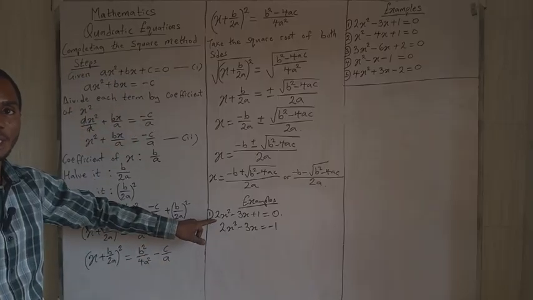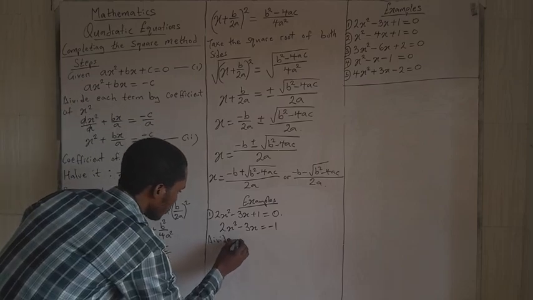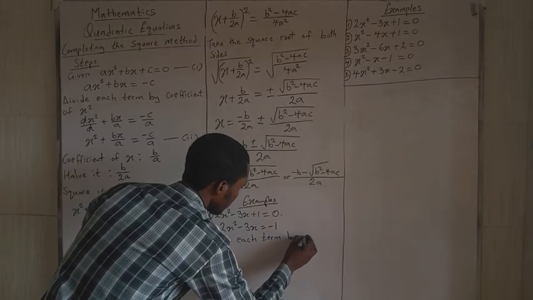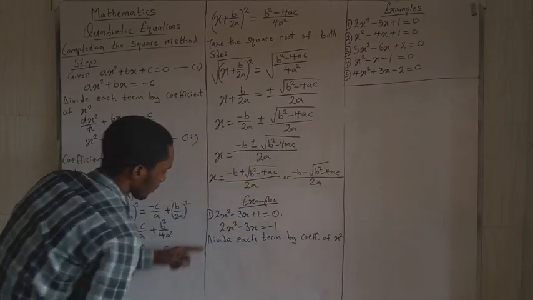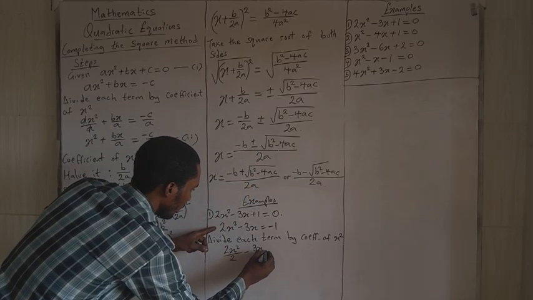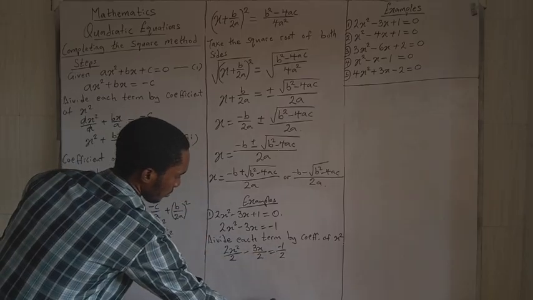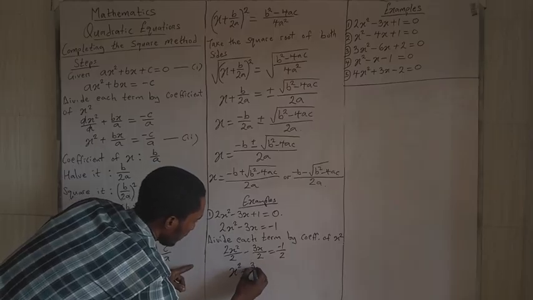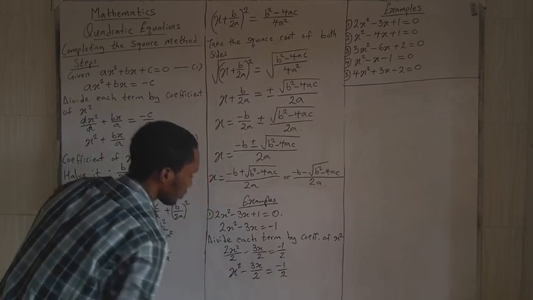The coefficient of x squared here is 2. 2x squared over 2 minus 3x over 2 is equal to minus 1 over 2. We have x squared minus 3x over 2 is equal to minus 1 over 2.